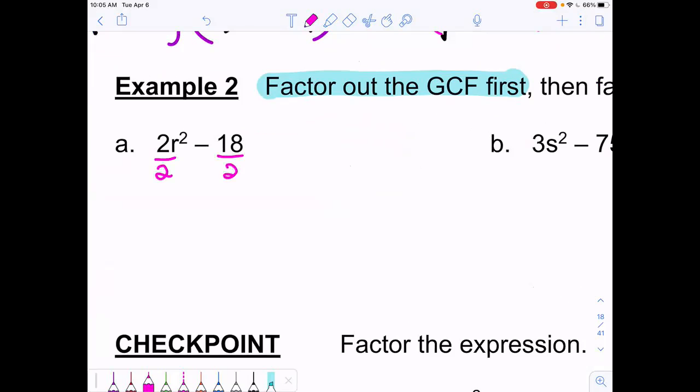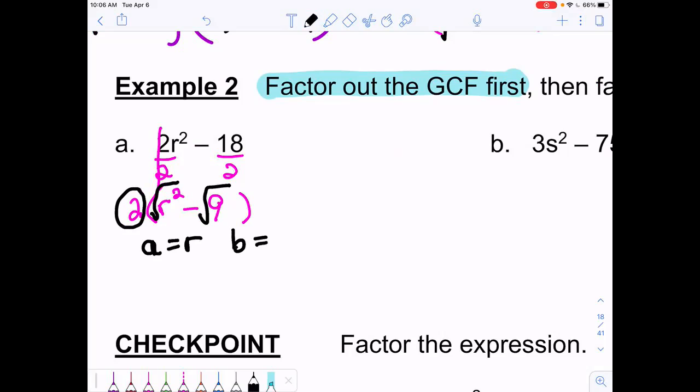2. So you first have to factor out the GCF. We got to take out a 2. You take out that 2, Michael, what do you have left when you take it out? Yeah, minus 9. All right, I'm going to forget this 2 for a minute. You're looking inside. Michael, the square root of r squared is, and the square root of 9 is, all right, 1 with a plus, 1 with a minus.